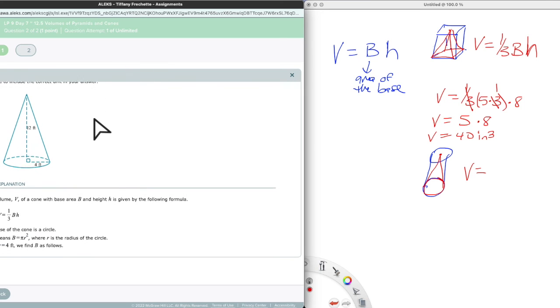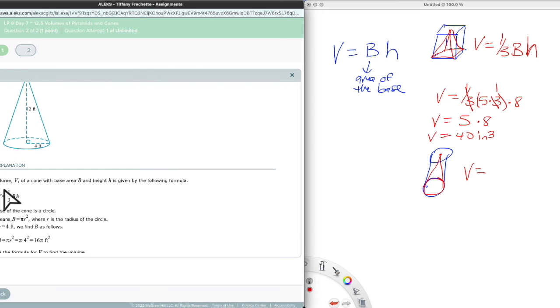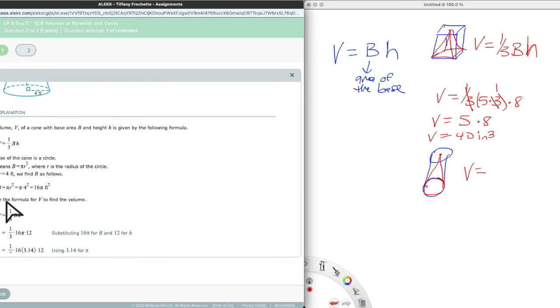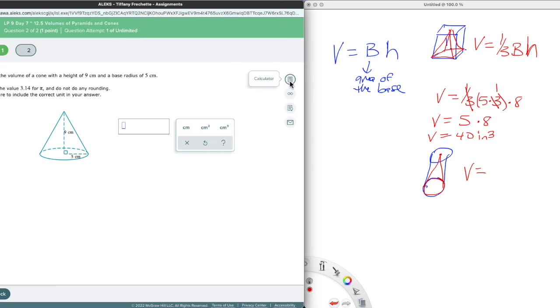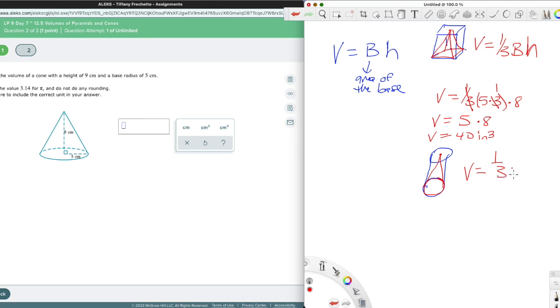This one is also 1/3. So both pyramids and cones are 1/3 of the whole original shape. It's a rectangular prism for a pyramid, or a prism, it doesn't have to be rectangular, and then a cylinder for a cone. So it's 1/3 base times height.